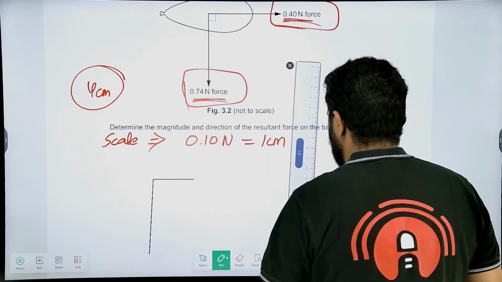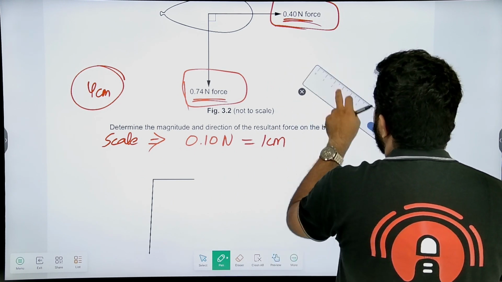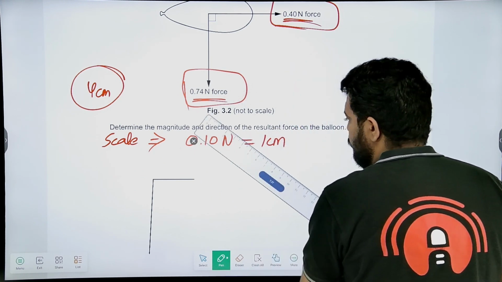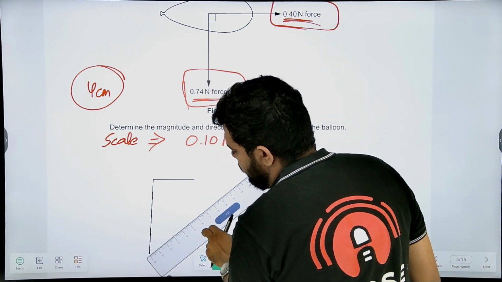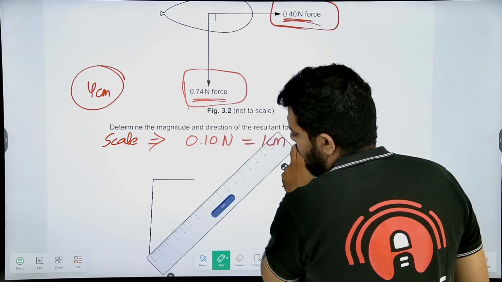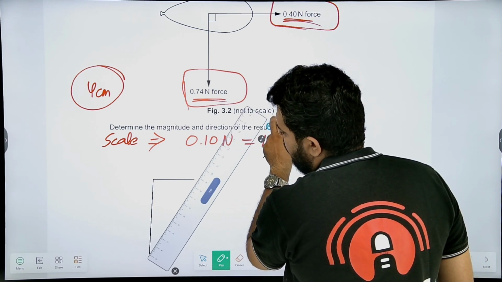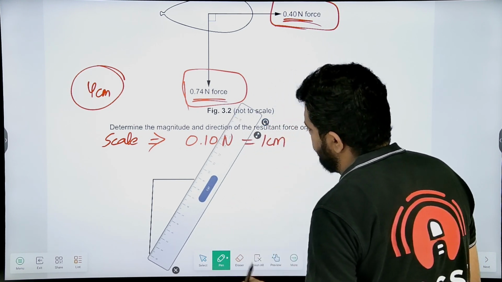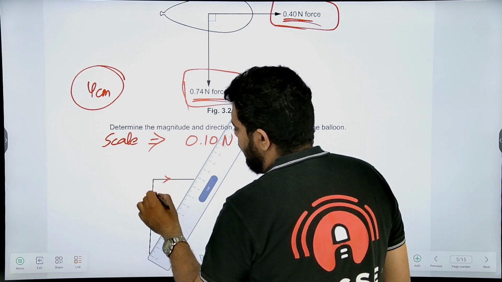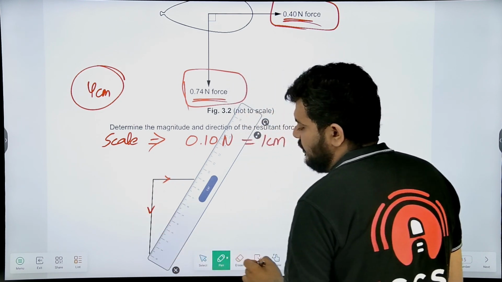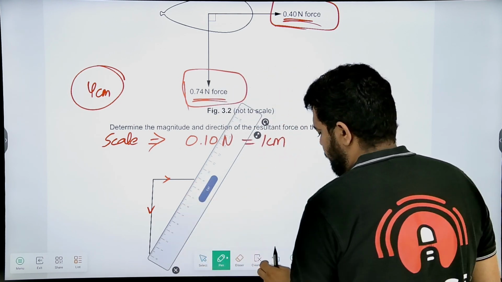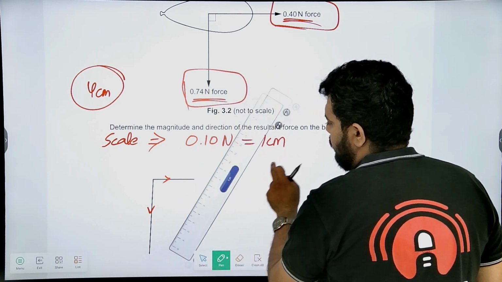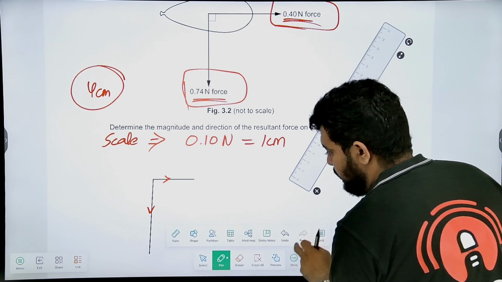Now what you should do, you should actually see, this was not even 90. I think you'll have all the tools and the time to answer this question. What you should do, now you should measure how much this force is, right? Also draw arrows like this, guys, right? And oh, I'll have to draw a parallelogram. Sorry guys, just a second.